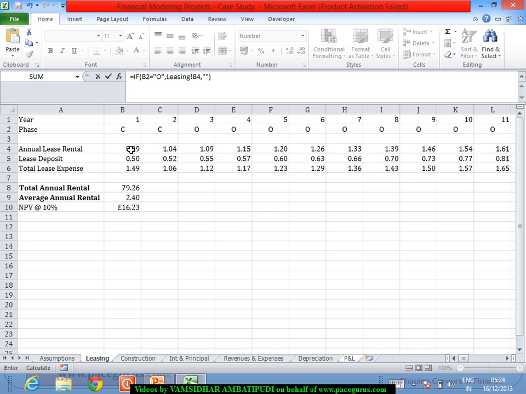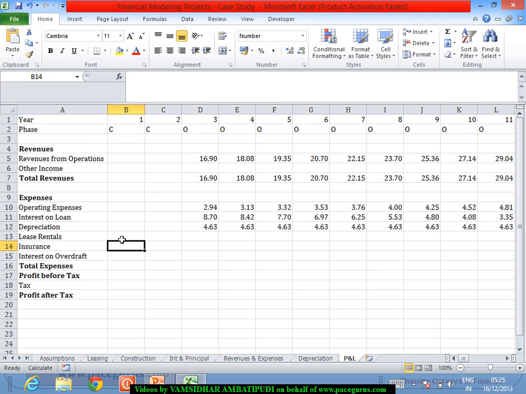I'm only bothered about the rental because rental is something that's an expense for that period, but the deposit is something which would go in as a part of my balance sheet. So right now I should not bother about the deposit part. The rentals part, I'm treating it as a part of my P&L statement.